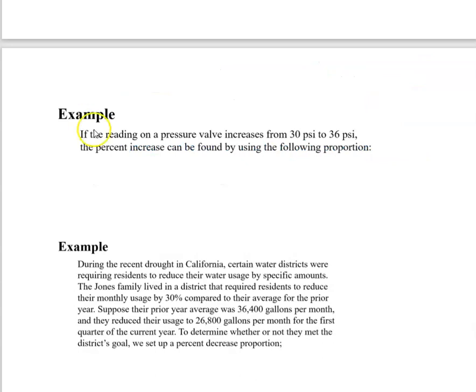Okay, so if the reading on a pressure valve increases from 30 to 36, the percent increase can be found by using the following proportion. So to find percent increase, you always do the big number minus the smaller number over the original amount.